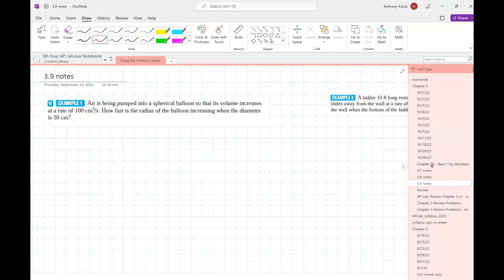The techniques we're going to be using are almost all the implicit differentiation techniques. So we're going to write an equation that has lots of variables in it, take the derivative, and fill in the values that are given to us in the problem to find the missing piece.